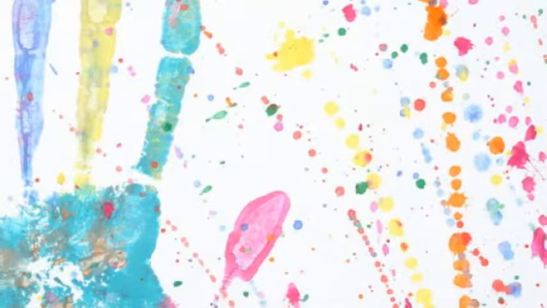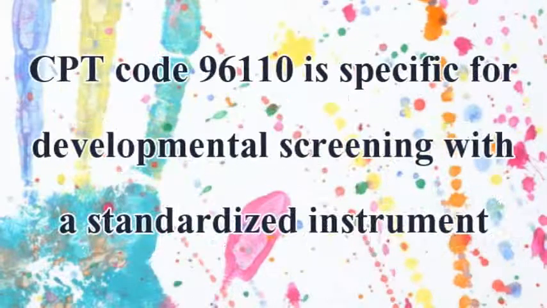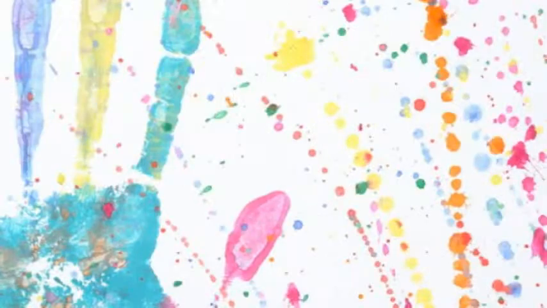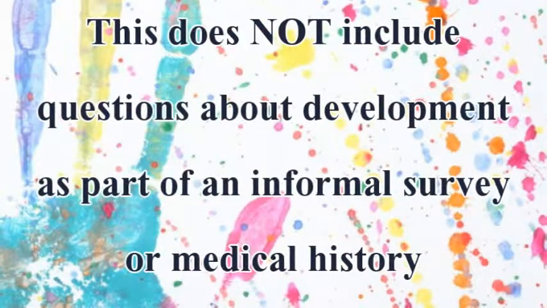As the descriptor for CPT code 96110 is specific for developmental screening with a standardized instrument, it is important that healthcare providers understand that this does not include questions about development as part of an informal developmental survey or history.